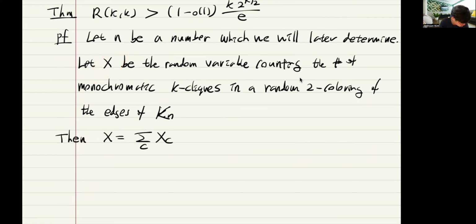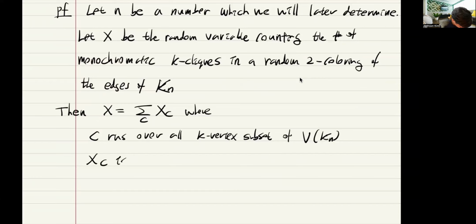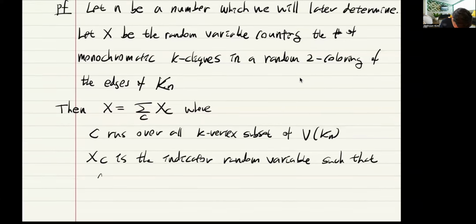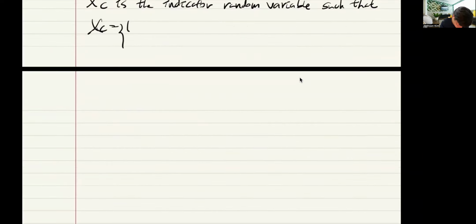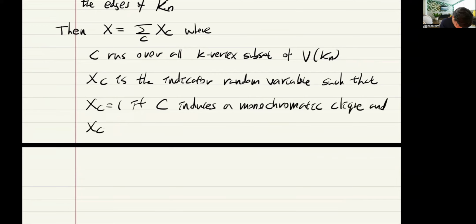This is a summation of indicator random variables, where C runs over all k-vertex subsets of the vertices of K_n, and X_C is the indicator random variable, such that it is 1 if C is a monochromatic clique, and it is 0 otherwise.